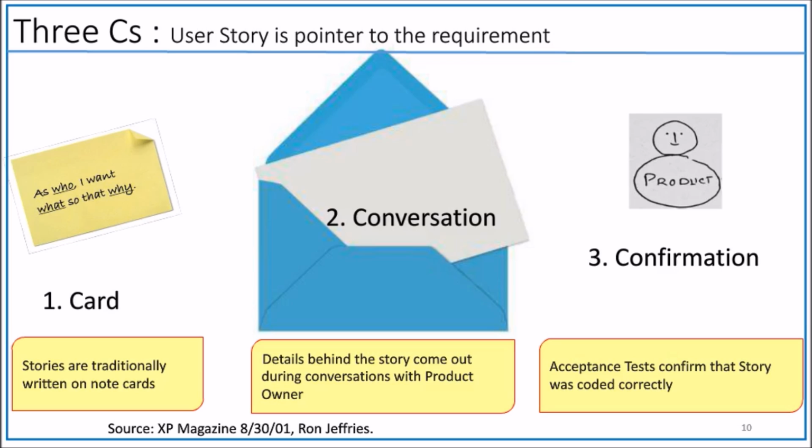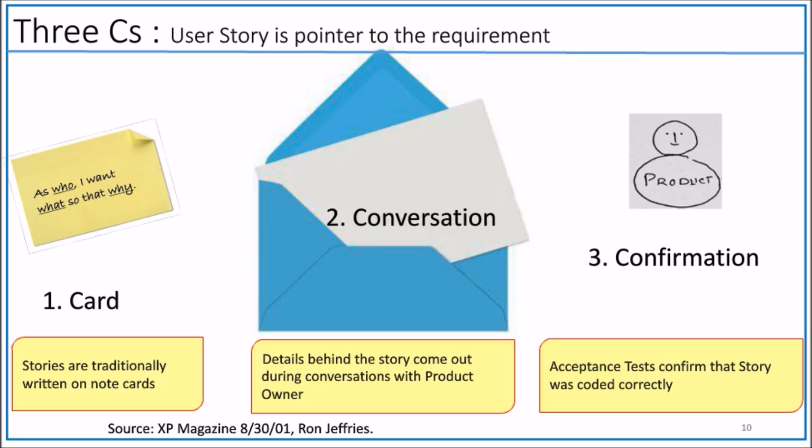Card means, typically on a sticky note, he wants the requirement or user story to be written down. How? As a user, I want this functionality so that I can achieve this.